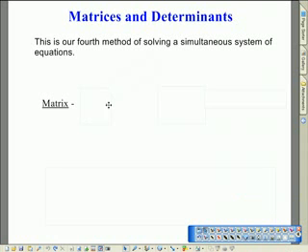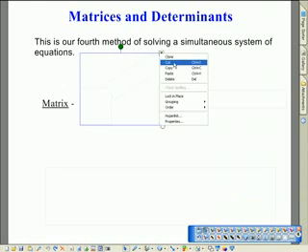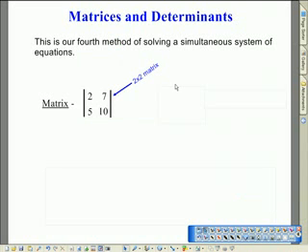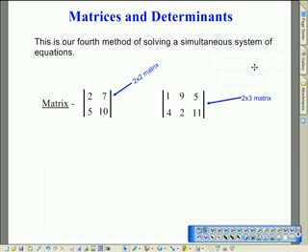But in order to get to Cramer's rule and understand how to use it, first we need some background information. Like, what is a matrix? Not the movie, but mathematically speaking. That is a 2x2 matrix, and this is a 2x3 matrix. A matrix is setting up numbers in rows and columns so that we can find what is called a determinant.